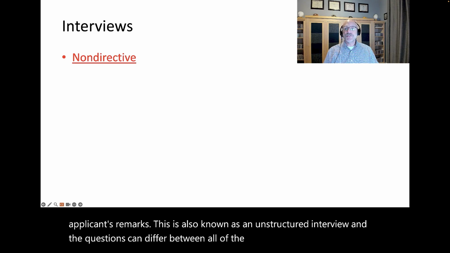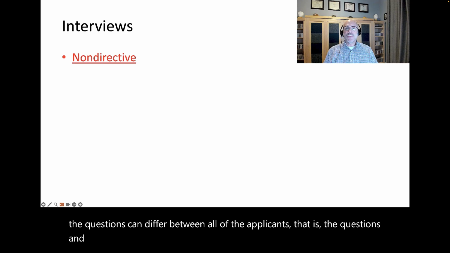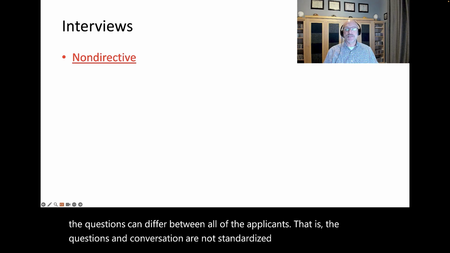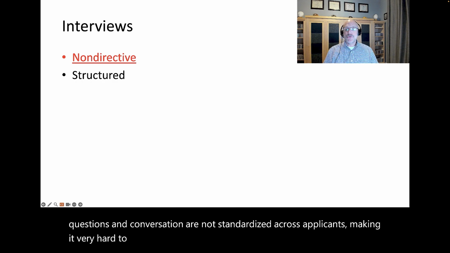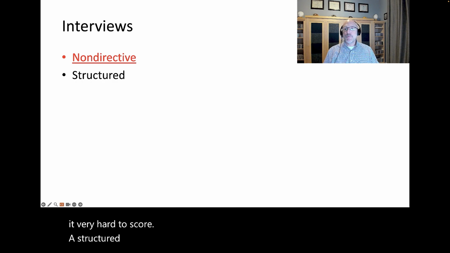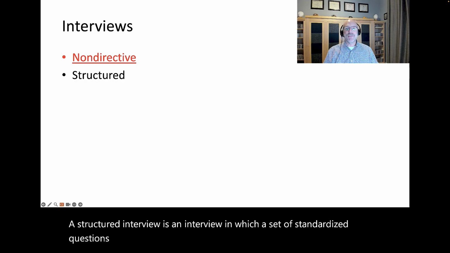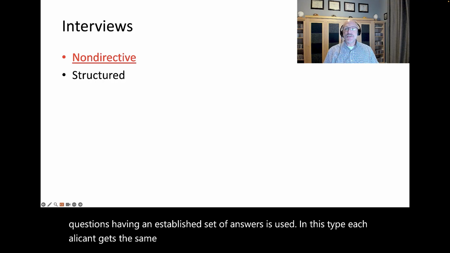That is, the questions and conversation are not standardized across applicants, making it very hard to score. A structured interview is an interview in which a set of standardized questions having an established set of answers is used. In this type, each applicant gets the same questions, and each answer is scored using some predetermined scoring rubric.